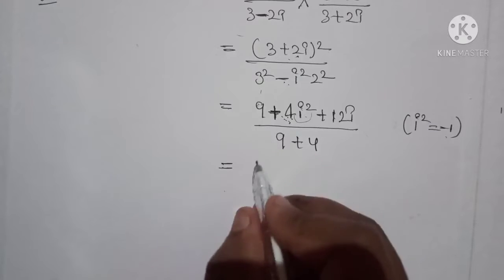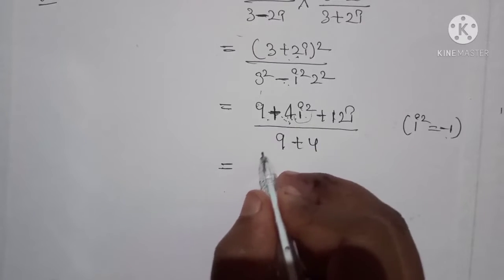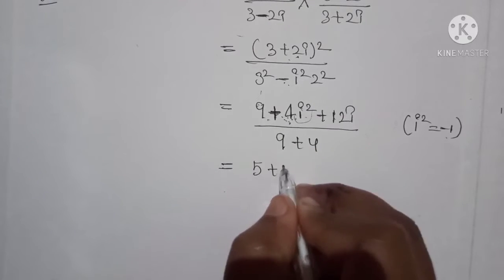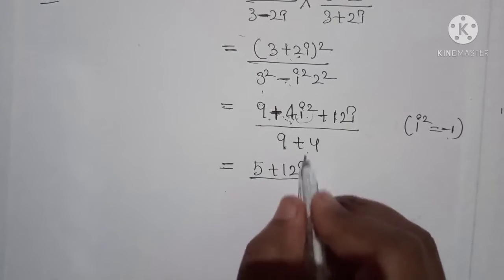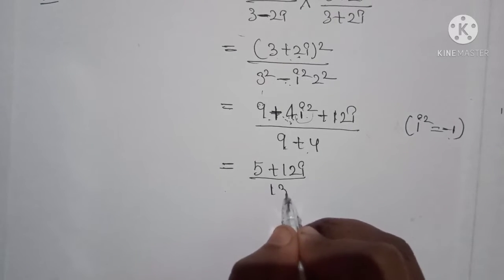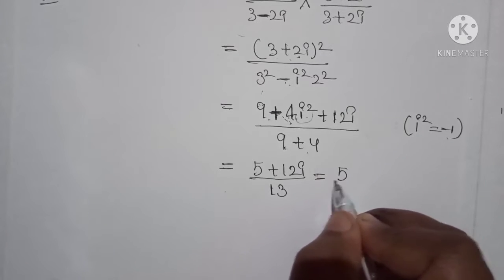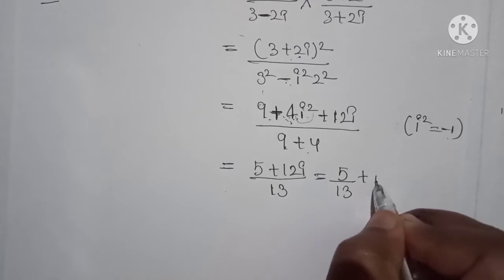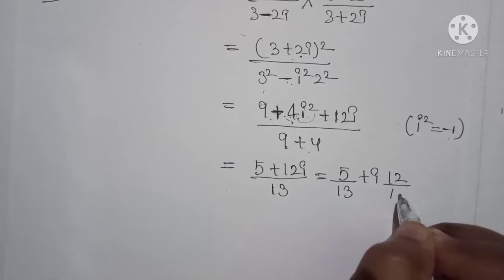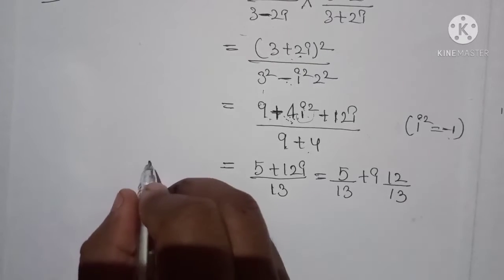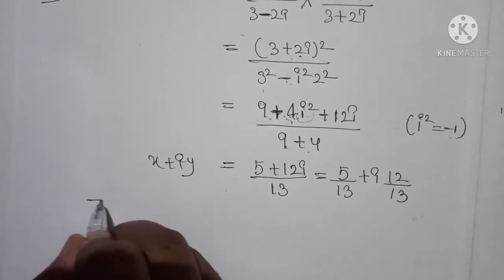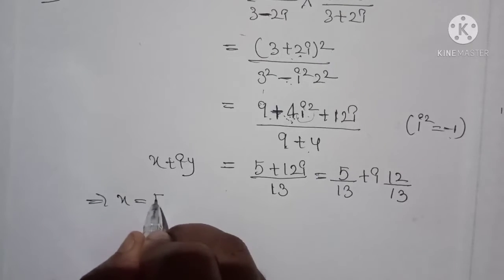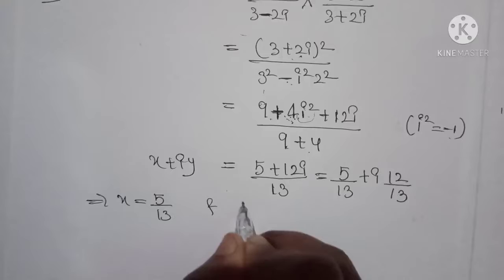Therefore 9 minus 4 is 5, plus 12i, divided by 9 plus 4, which is 13. It can be written as 5 divided by 13 plus i into 12 divided by 13. Now we have separated the real and imaginary parts, so we get x equals 5 by 13 and y equals 12 by 13.